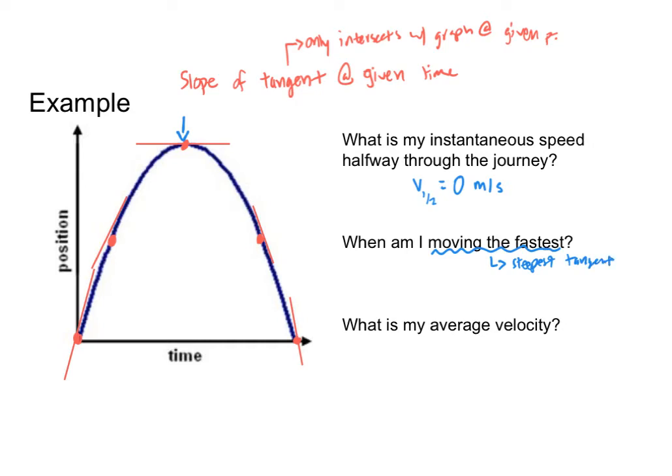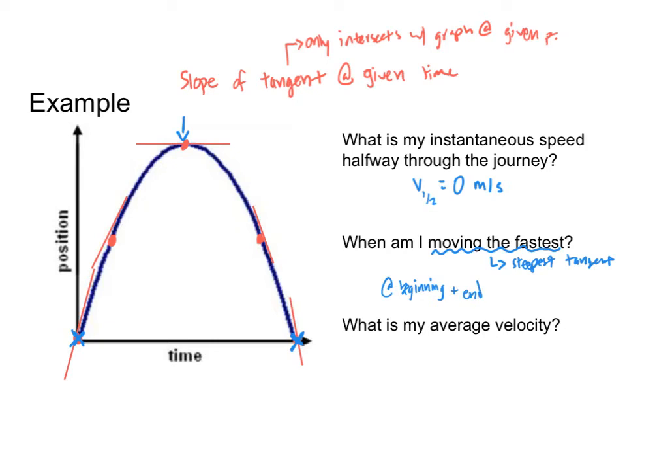And in this case, I actually have two possible choices because the beginning of my journey and the end of my journey have tangent lines that have the same magnitude of slope. So they're equally steep. It's just that they're going in opposite directions. So one is going uphill, the other is going downhill. So I'm moving the fastest at the very beginning, and at the very end of my journey.